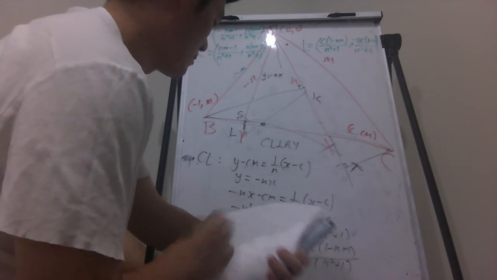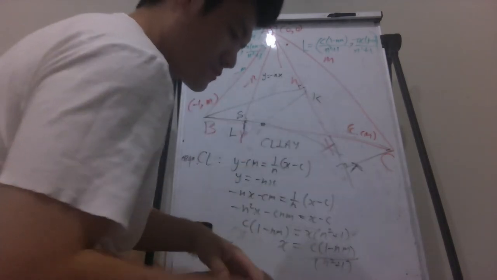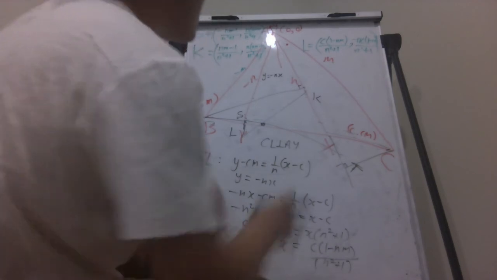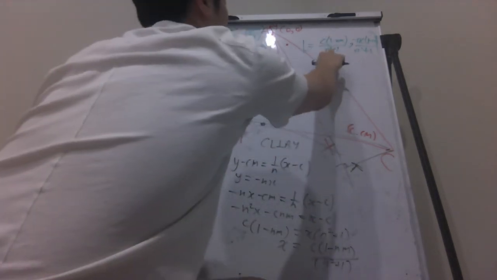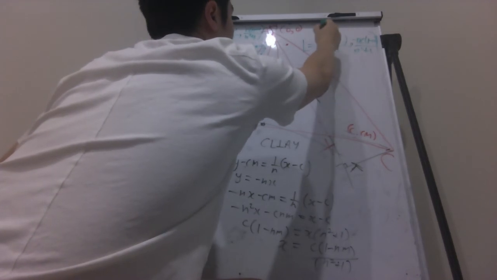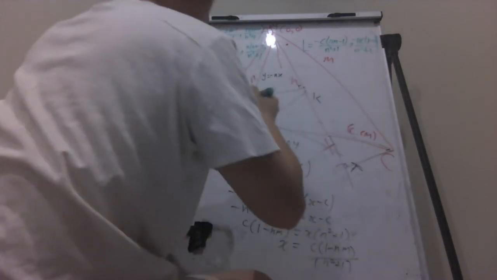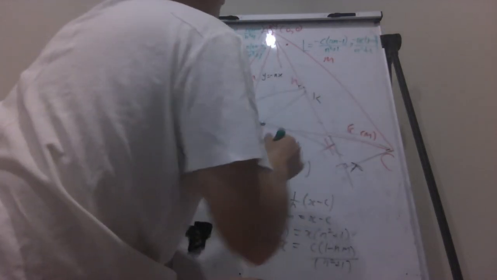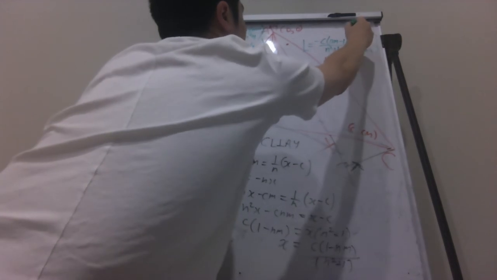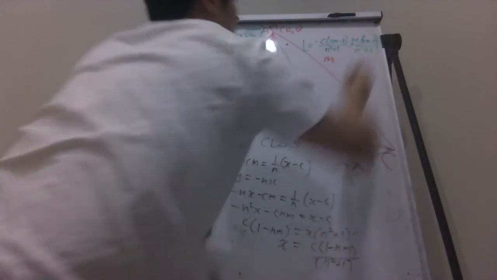So it's the same, but he had the minus sign on the outside. So nm minus 1. Yeah, it's the same, right? And then times by minus n will give you nc.